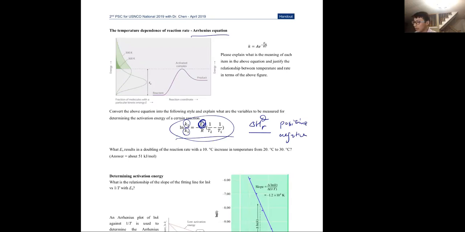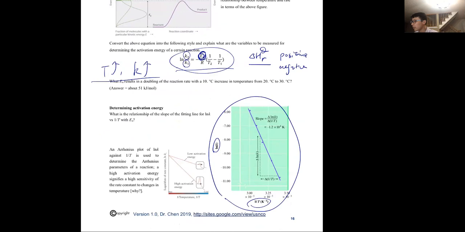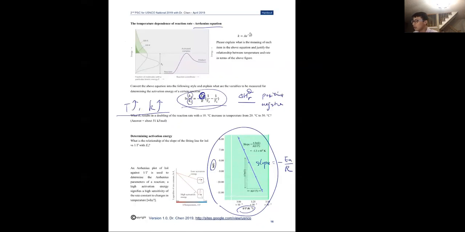So this is why when temperature increases, k will increase. And similarly, we'll have a figure like this. The y-axis is ln k, where k is the rate constant, and the x-axis is 1 over T. Based on the slope, you can get the activation energy. This is how Arrhenius measured the activation energy for a lot of reactions.